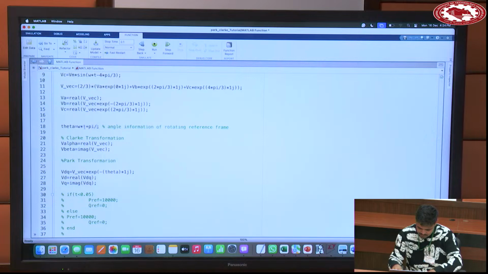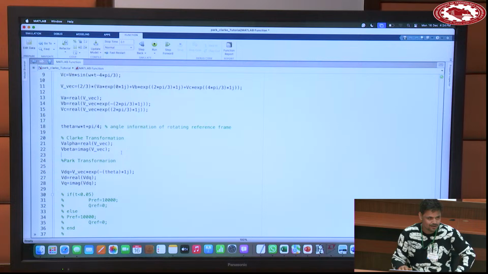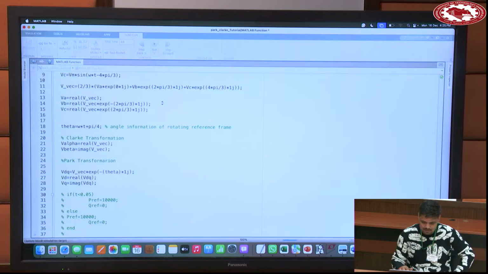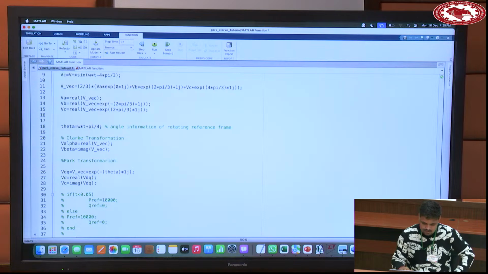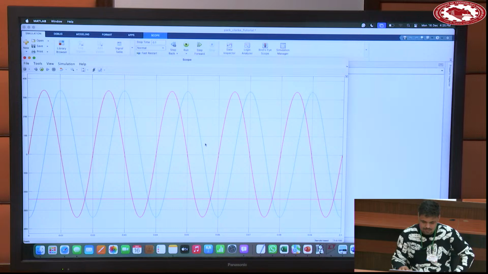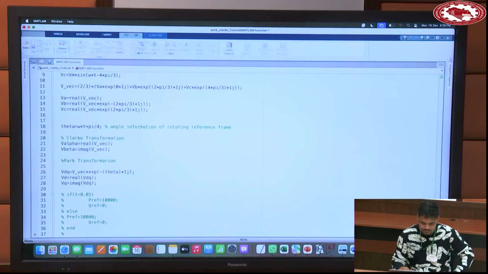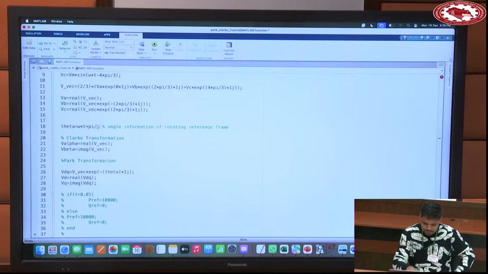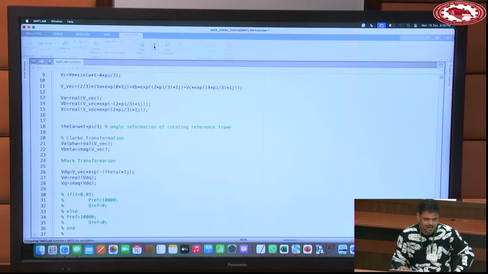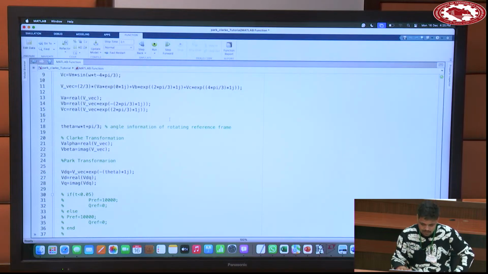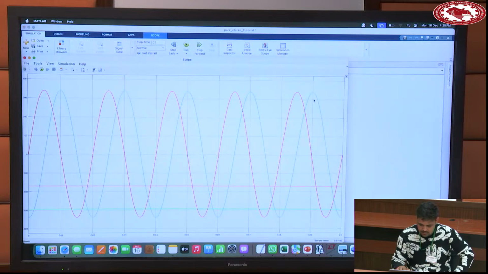Calculation says both will be non-zero, both will be equal, both will be negative. Correct? Okay, let's see the magic. They overlap, both will be negative. Okay, that was not much fun, let's do it again and change the angle to pi by 3. Both will still be negative but the magnitudes will be different.